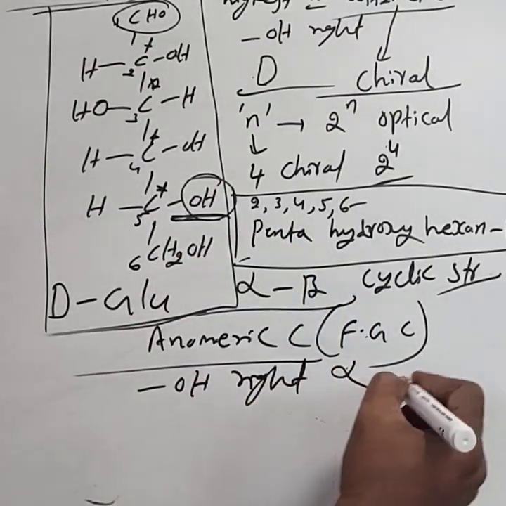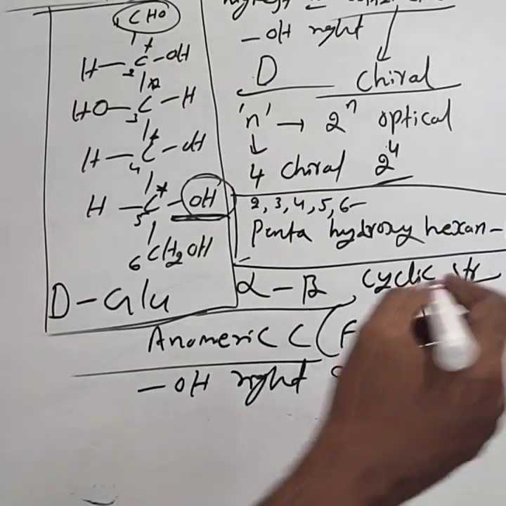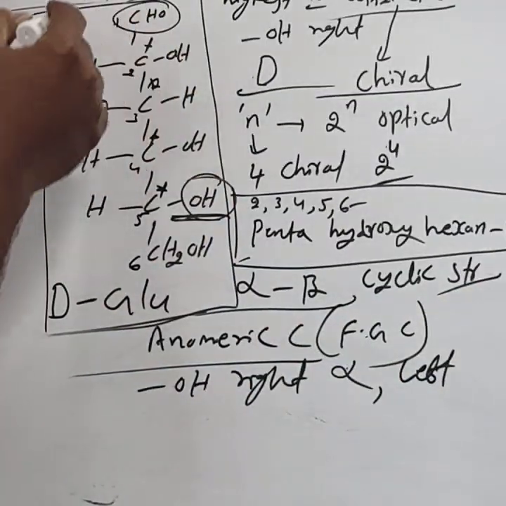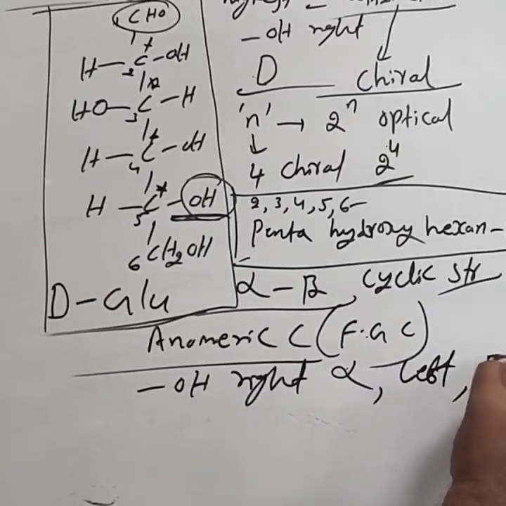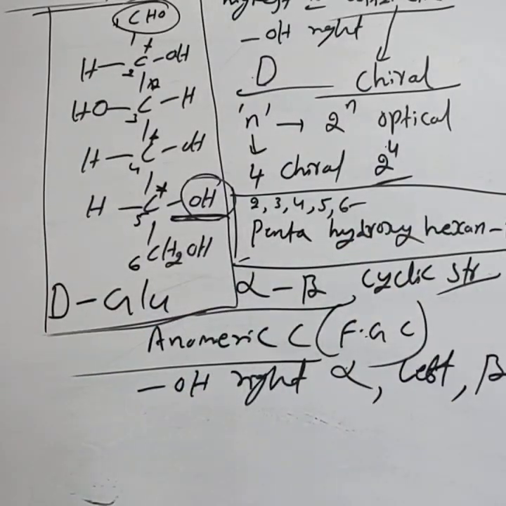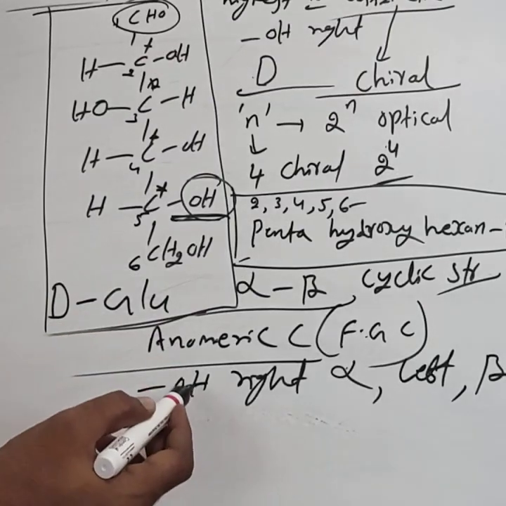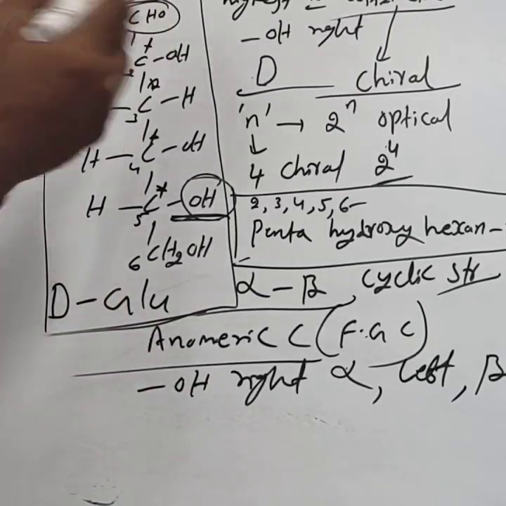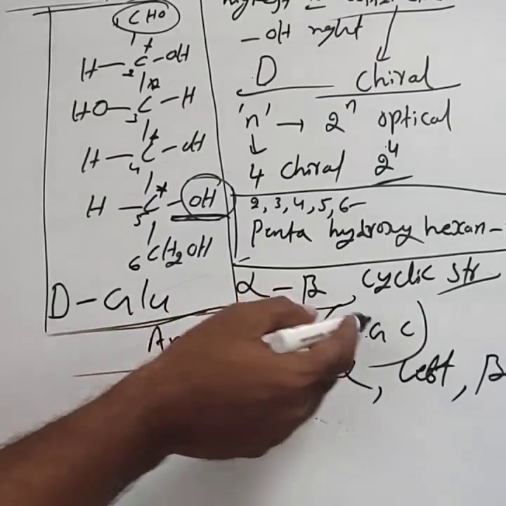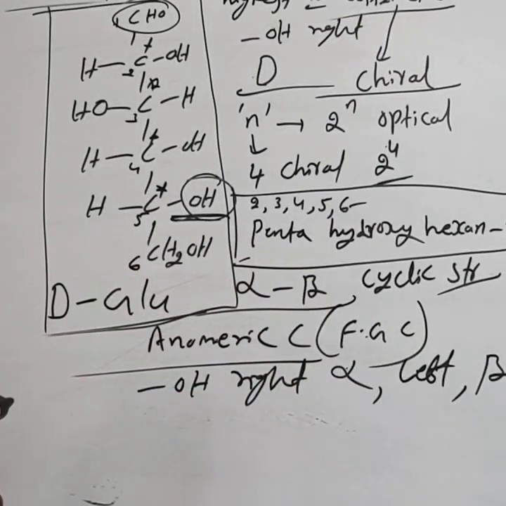If on the anomeric carbon atom OH is on the left hand side, then you have to mention beta before the name.